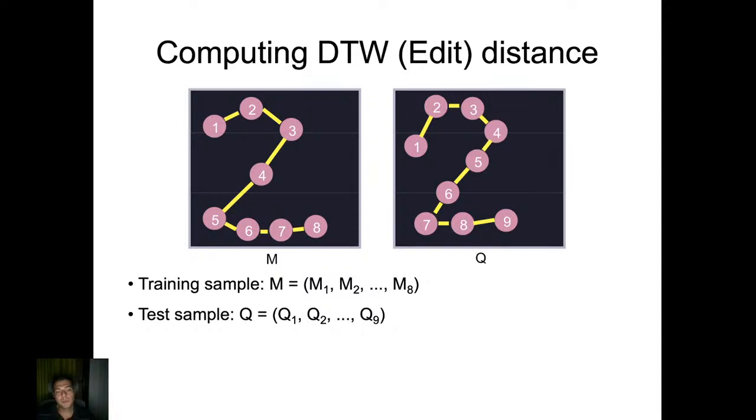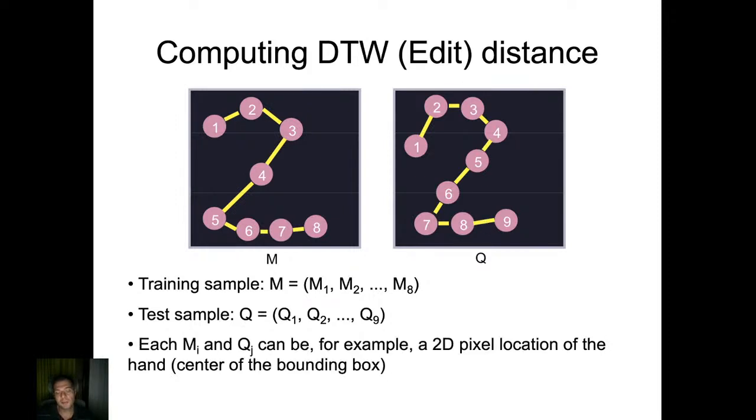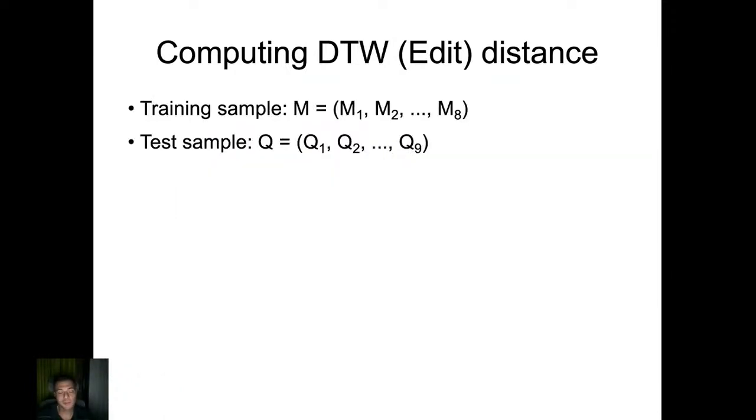So how do we compute this distance? Let's assume that one of these trajectories is a training sample and the other is a test sample. So we want to compute the distance between these two samples. Again, the components are coordinates representing the location of the hand, like the center of the bounding box that comprises the hand.